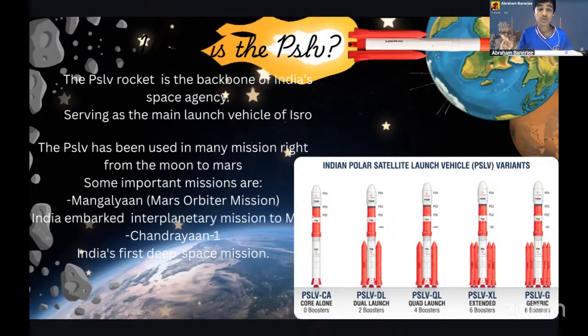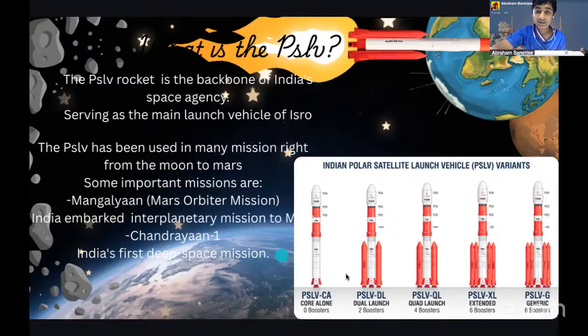It was the same rocket to carry Mangalyaan. When people said it was impossible, the PSLV took a spacecraft from Earth to Mars. It was also the first rocket to take a spacecraft of India to the moon, Chandrayaan 1.